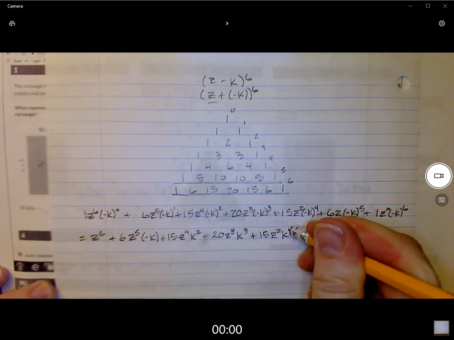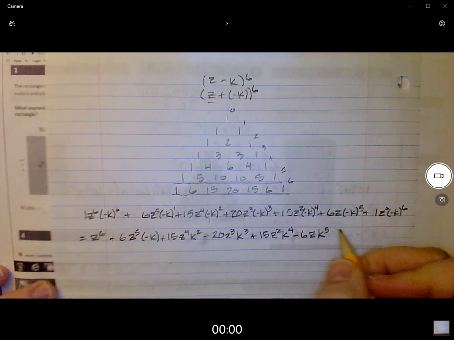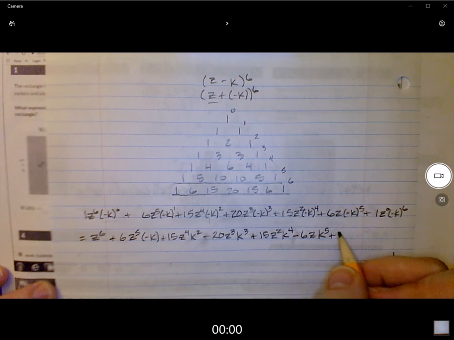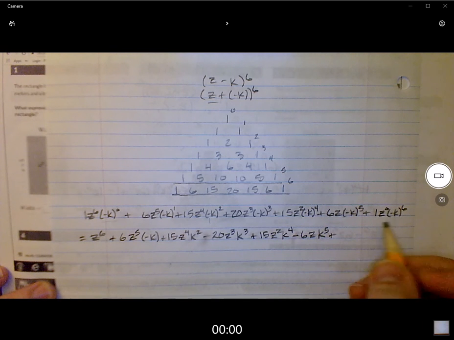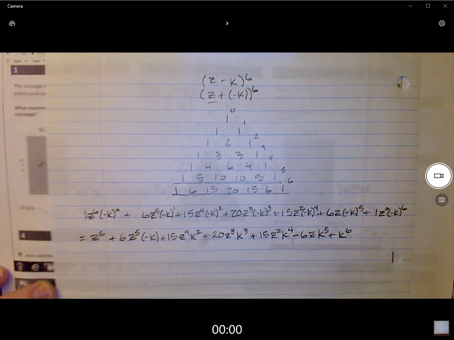Turn that into a negative. You'd think I could see that coming. Plus, right, plus, this is a 1, so it's just going to be negative k to the 6th, which is the same thing as k to the 6th.